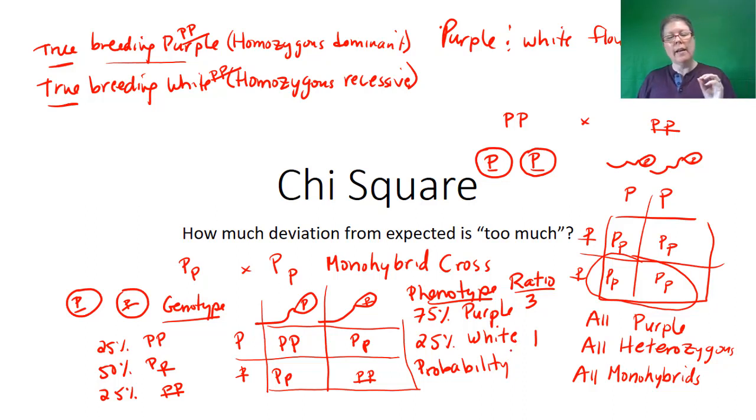So if you had a little more than 75 or a little less than 75, what the chi-square allows us to do is tell whether those data are close enough, right? Are those data close enough to still support our hypothesis that this is a monohybrid cross, that purple is dominant to white? Are they close enough or are they not close enough?